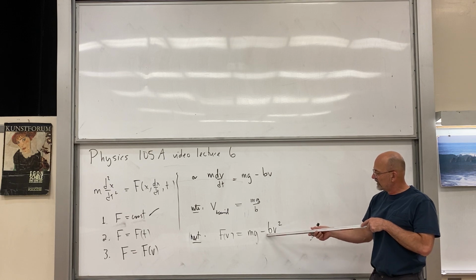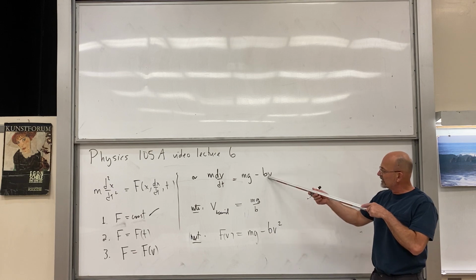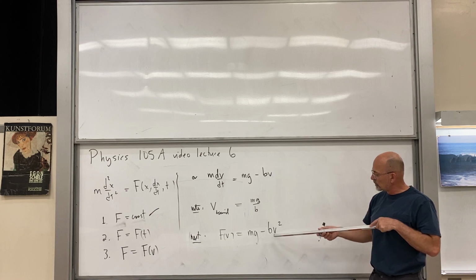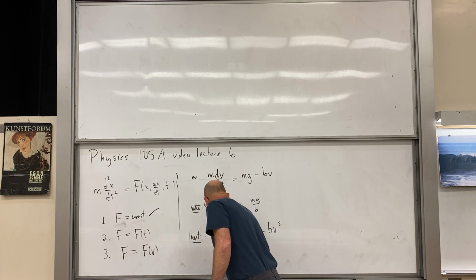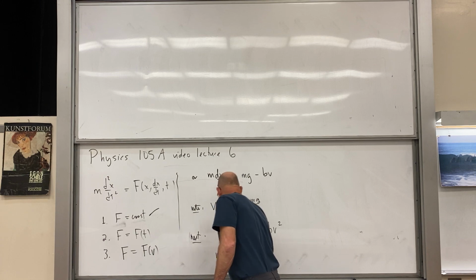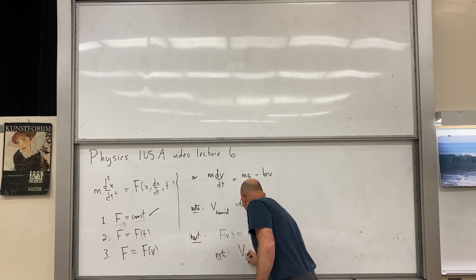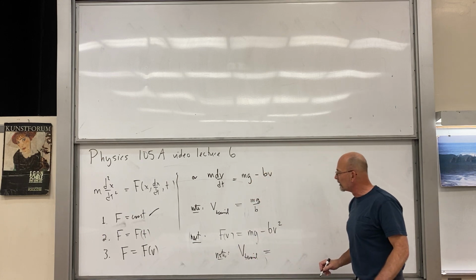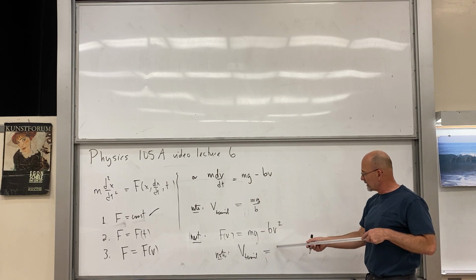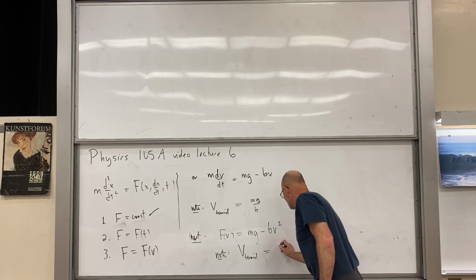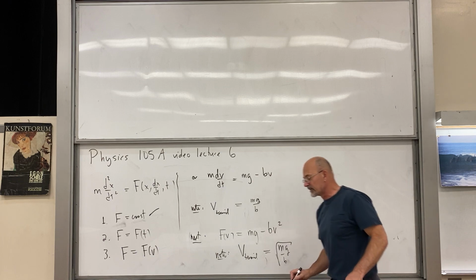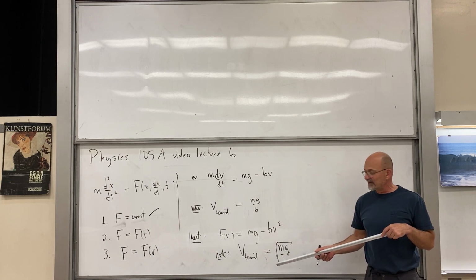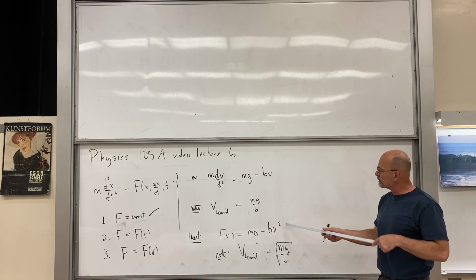But this is the same type of problem, except instead of linear in velocity, it's quadratic in speed. And I'll put a note here right away that the terminal speed for this problem is clearly going to be, based on what we just learned up here, the square root of mg over b. So you're going to want to get that as a result when you solve this problem.